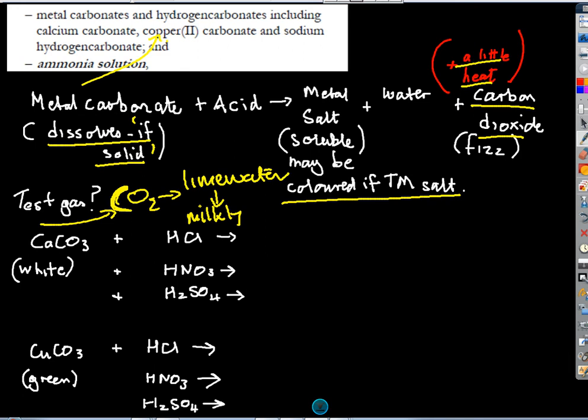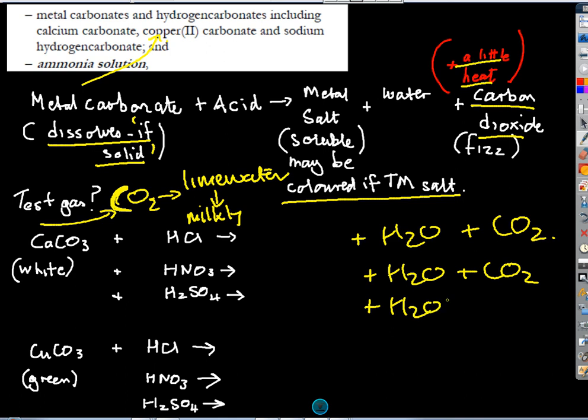Right, so I'm going to write these equations again. You can put in water and carbon dioxide for every single one. You just have to work out the name and, more importantly, the salt formula.